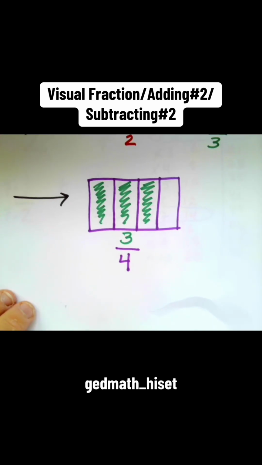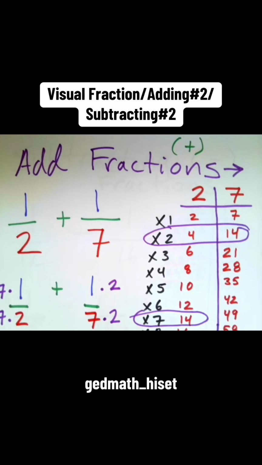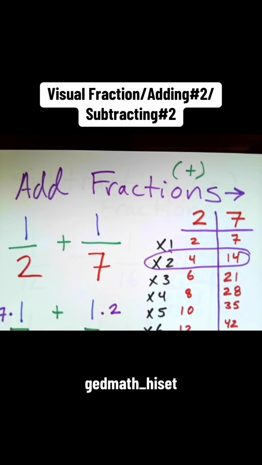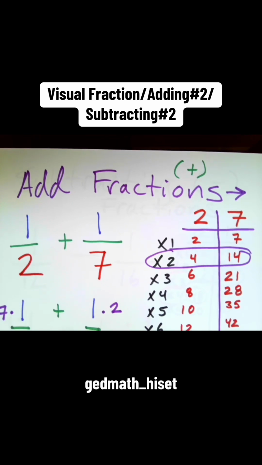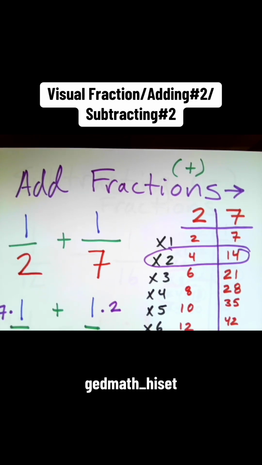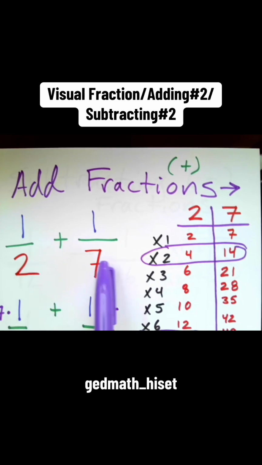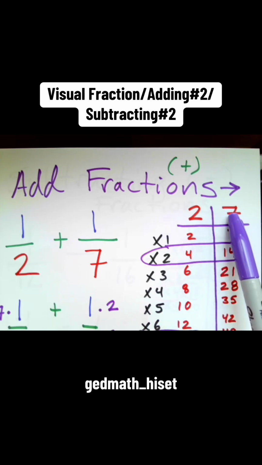So, as mentioned before, I'd like to go over some examples of adding fractions, and then, of course, one more example of subtracting fractions. So here, in this original problem, I have 1/2 plus 1/7. And I don't know what number 2 and 7 share. So I'm going to set up a t-chart with both of the denominators at the top.